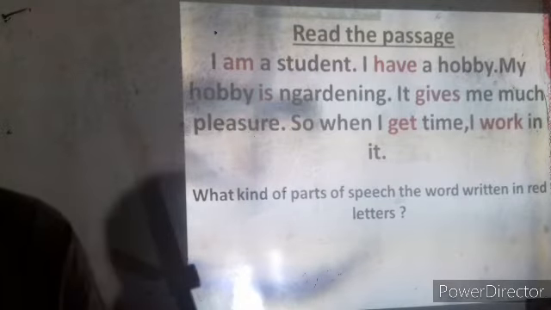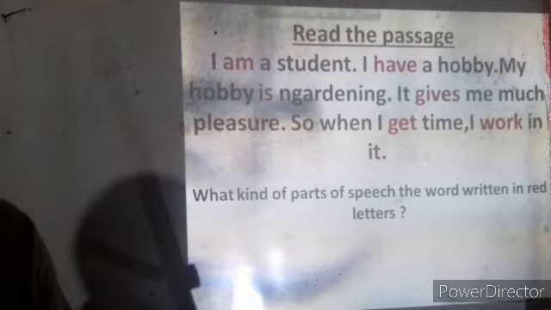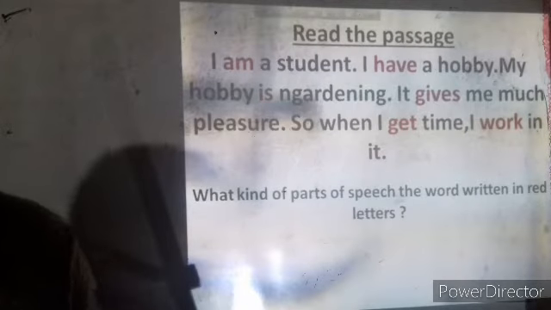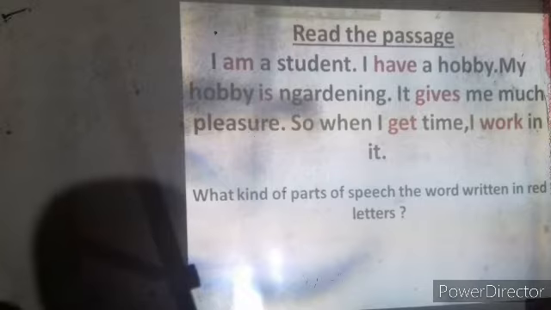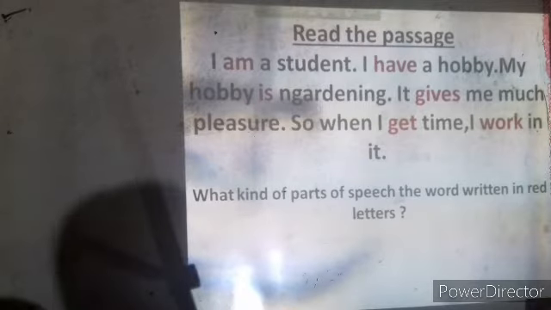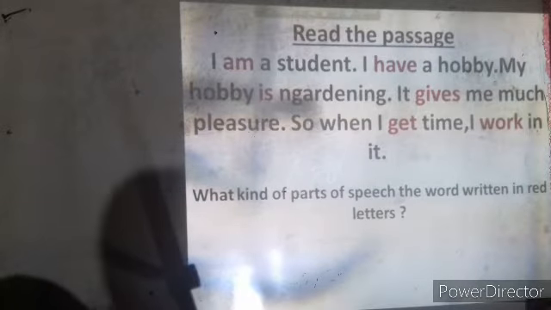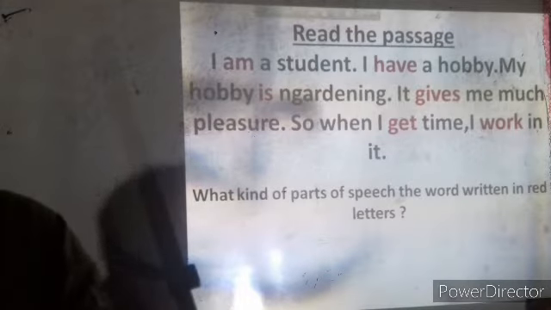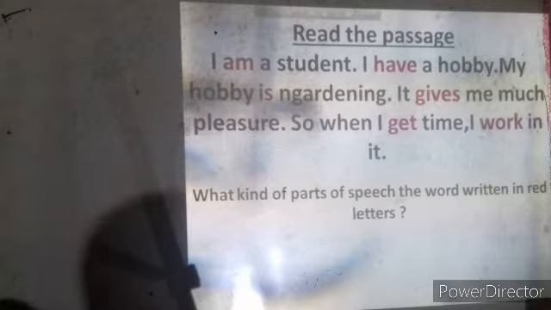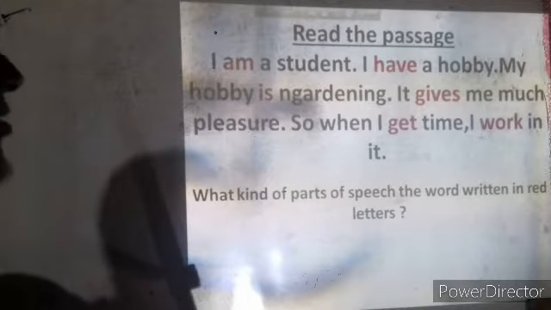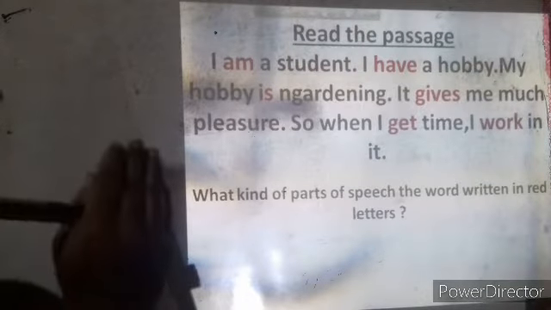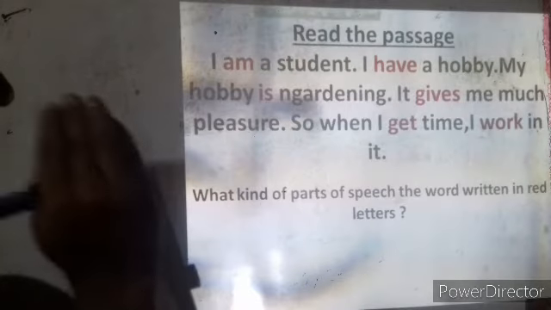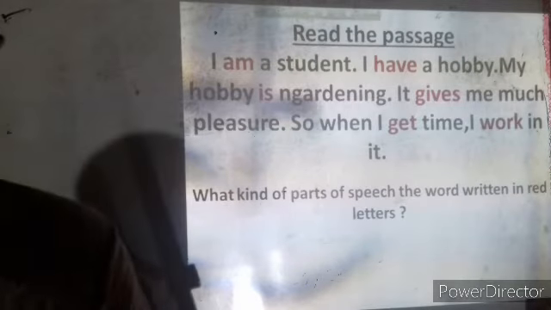Now, my dear students, let's start our discussion about verbs. Have you thought what kind of verbs are am, have, is, gives, get, and work?